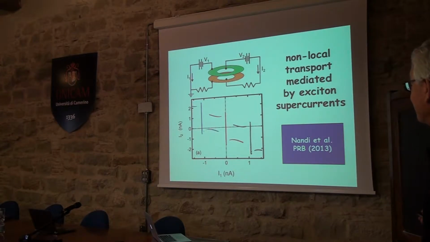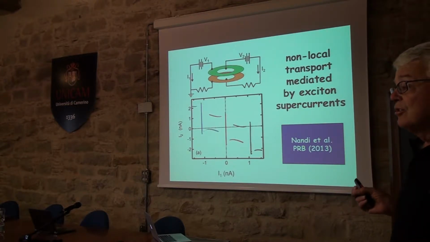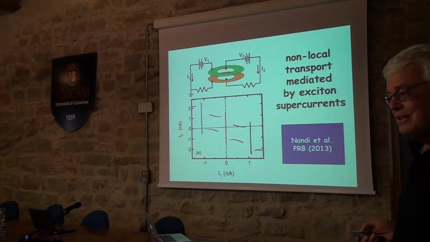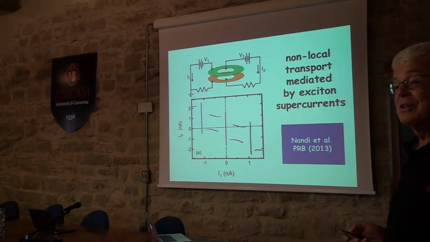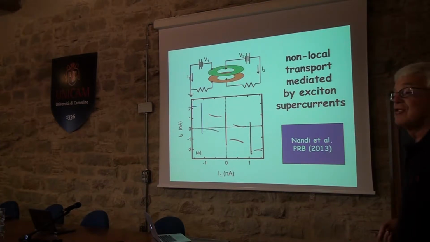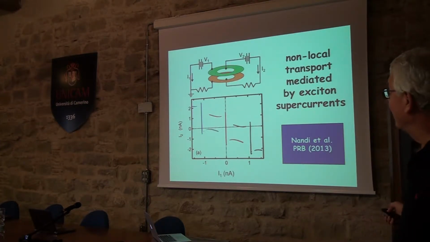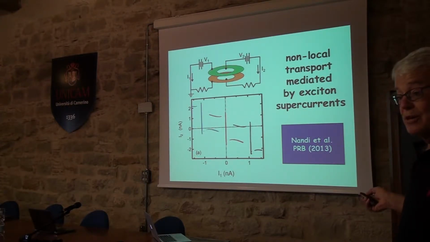Okay, so this is the experiment that I'm going to work towards explaining. It's an experiment on two-layer, two-dimensional electron systems. So the green layer and the orange layer are 2D electron systems. They're actually in an insulating state in this experiment, and it's in the quantum Hall regime.